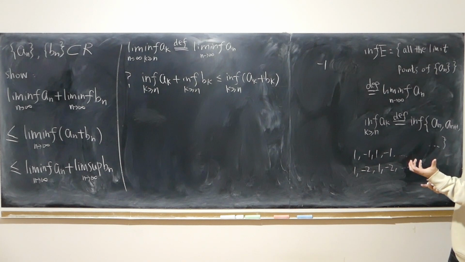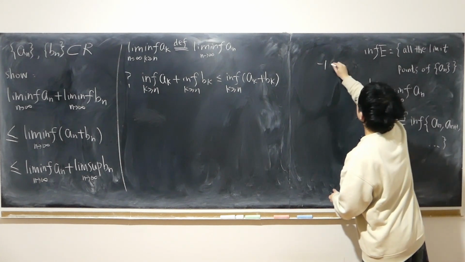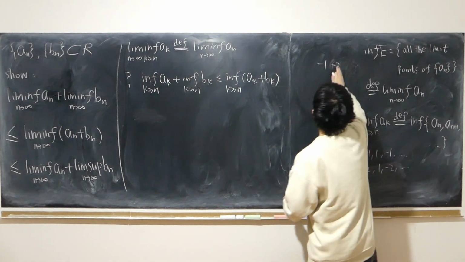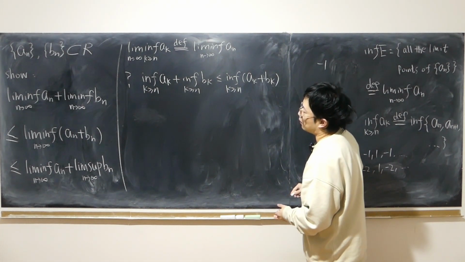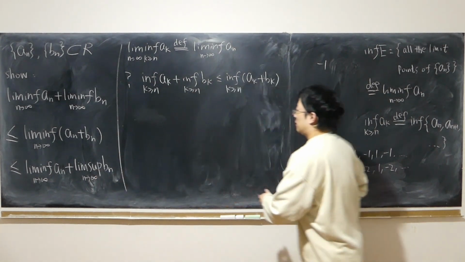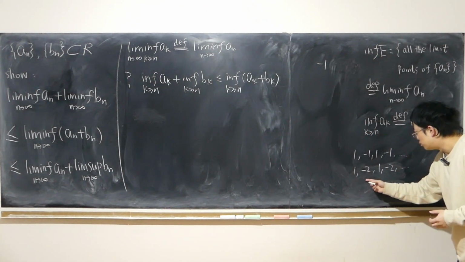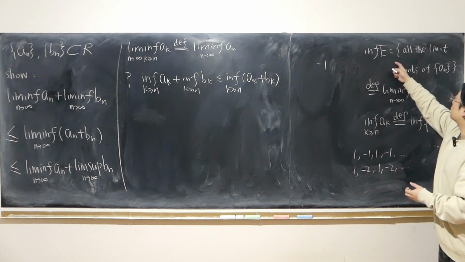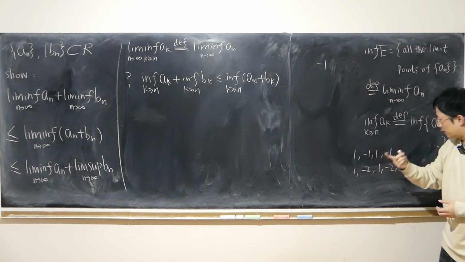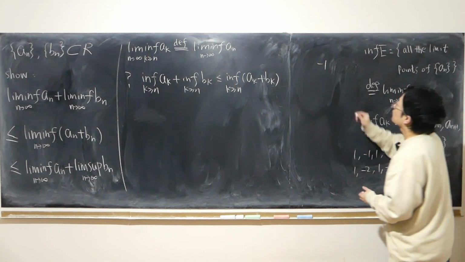Now I want to take the limsup, the supremum of all the limit points. The supremum of the limit points of 1 and negative 2 must be 1.